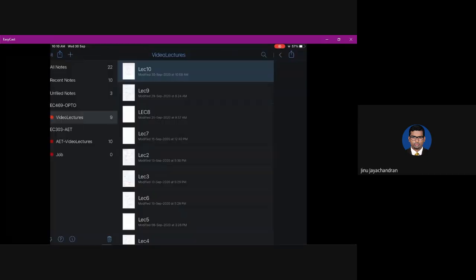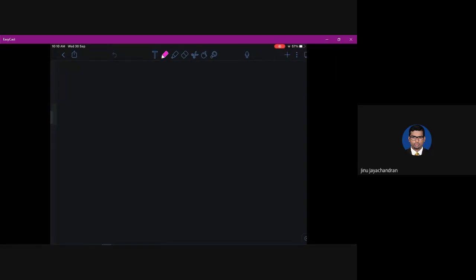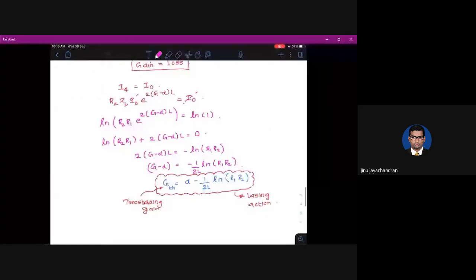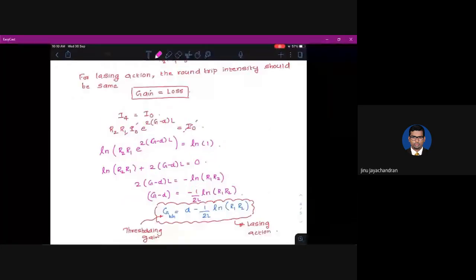If we go to our equation, this is R2 R1 e raised to 2 into G minus alpha L is equal to 1. That's the threshold condition, where the gain is equal to the loss.